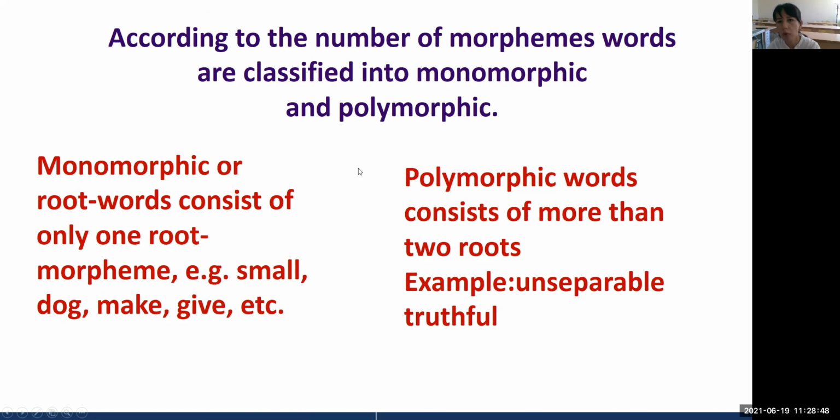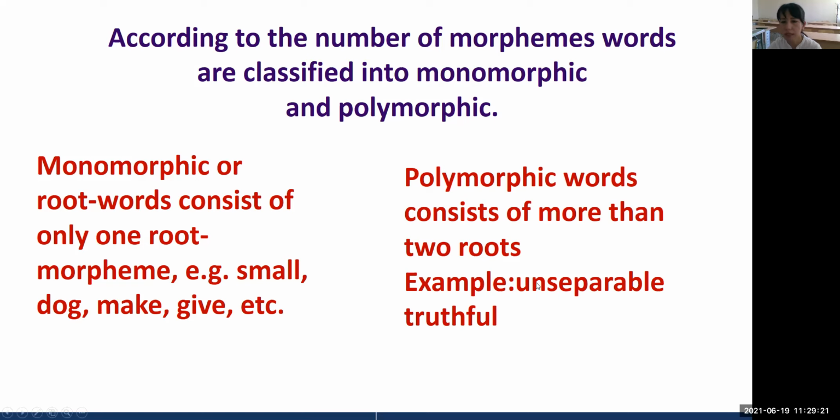According to the number of morphemes, words are classified into monomorphic and polymorphic. Monomorphic or root words consist of only one root. For example, small, dog, decide, teach, they are monomorphic words because they consist of only one root. The next one, polymorphic words, consist of more than one root. For example, unseparable.